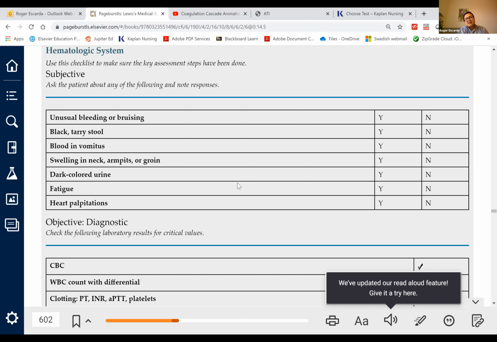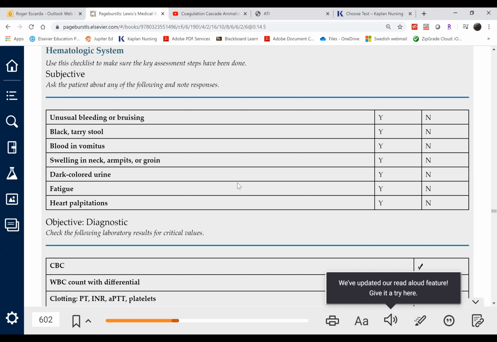C. What medications do you take? D. Have you seen any lumps in your neck or groin? Is that a select all that apply or just one answer? Is it A, B, C, or D?